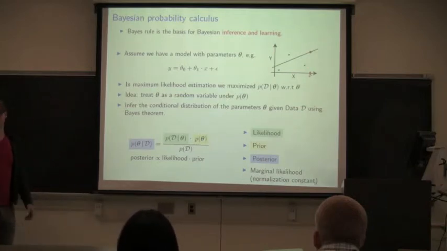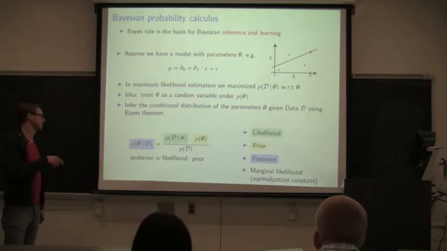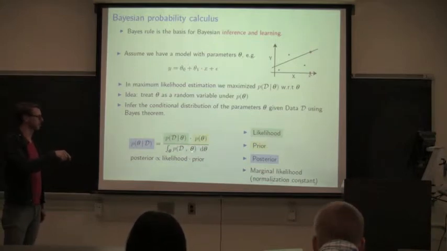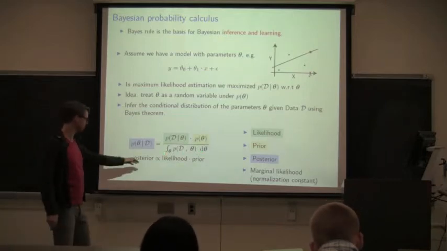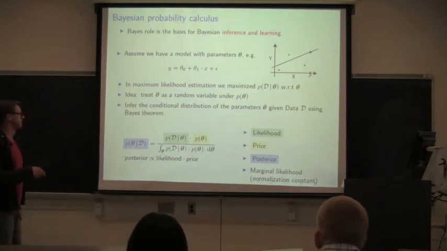Bayesian inference is often very costly because it involves computing this normalizing constant here, so P of data, which is, well, it's just taking the joint distribution over the data and the parameter and summing out the parameter. So in the continuous case, there's an integral. And the joint distribution is just the top term.